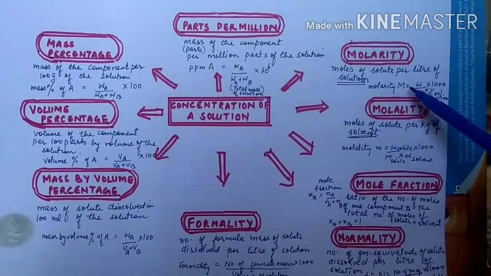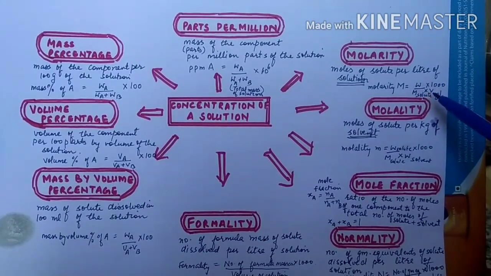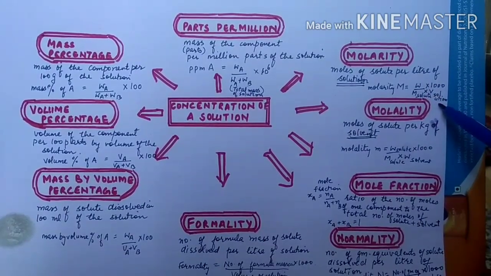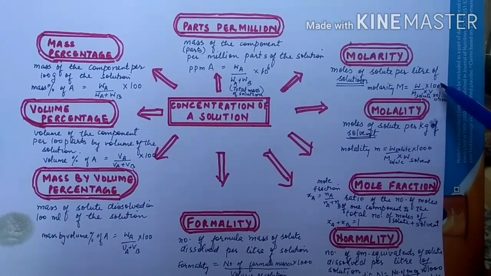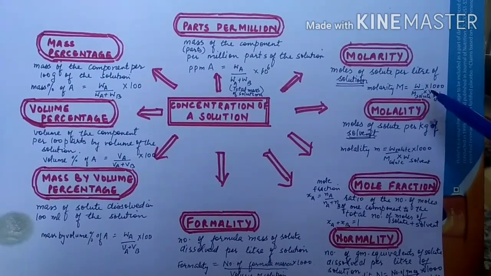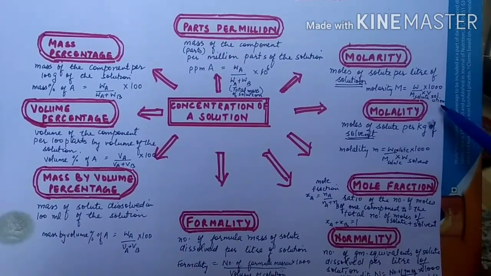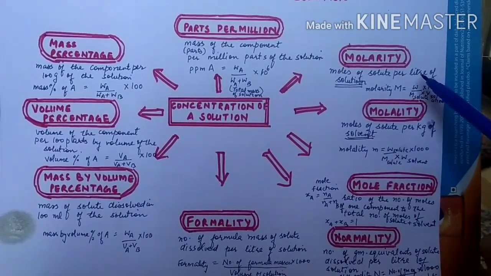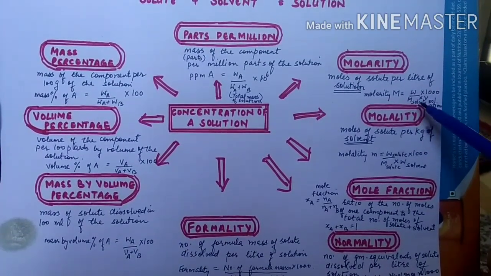Now, formula for molarity will be number of moles of solute divided by volume of solution, and to convert it into liters, in the numerator we multiply it by 1000. Now supposing W grams of solute is dissolved in, you say, V ml of the solution, then to convert W into number of moles, we divide it by molar mass of the solute.